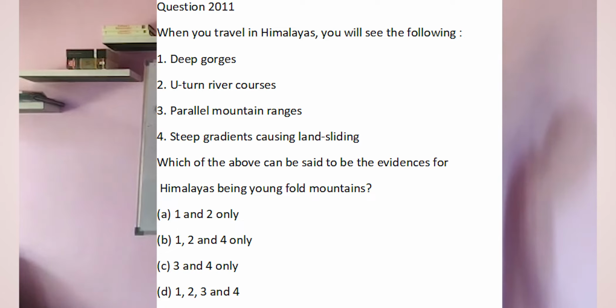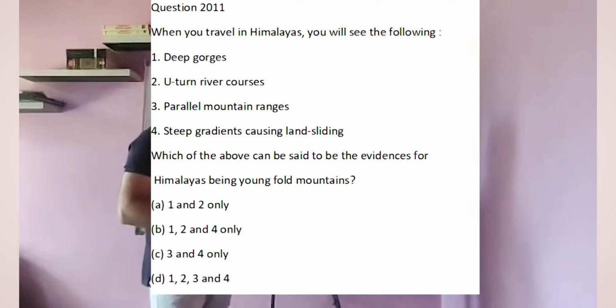Which of the following can be said to be the evidences of Himalayas being young fold mountains? Options: 1 and 2, 1, 2 and 4, 3 and 4, 1, 2, 3 and 4.